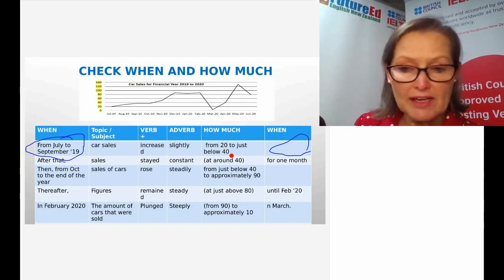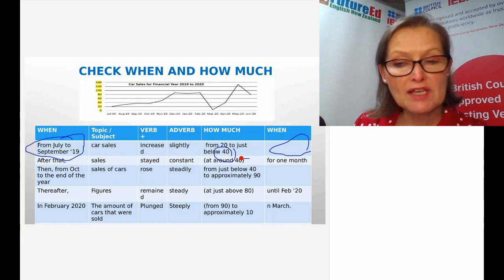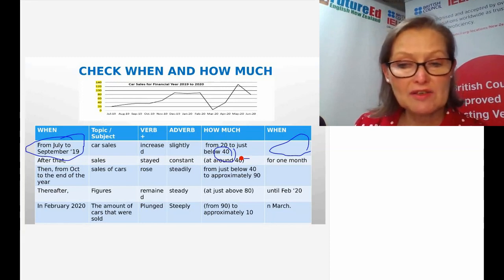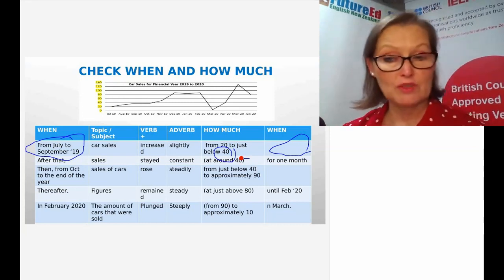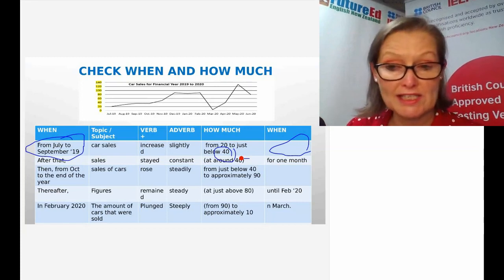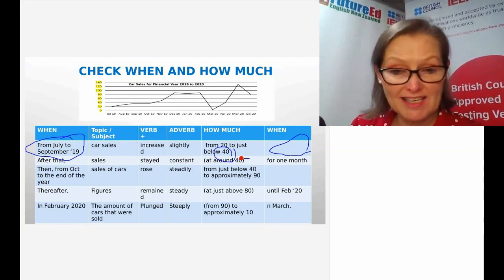So notice how I've put brackets around it, because at this point, I can actually leave it out, because we've stated that if it's remained steady or constant, then it's going to remain at around 40, and that's been stated already and remains unsaid.